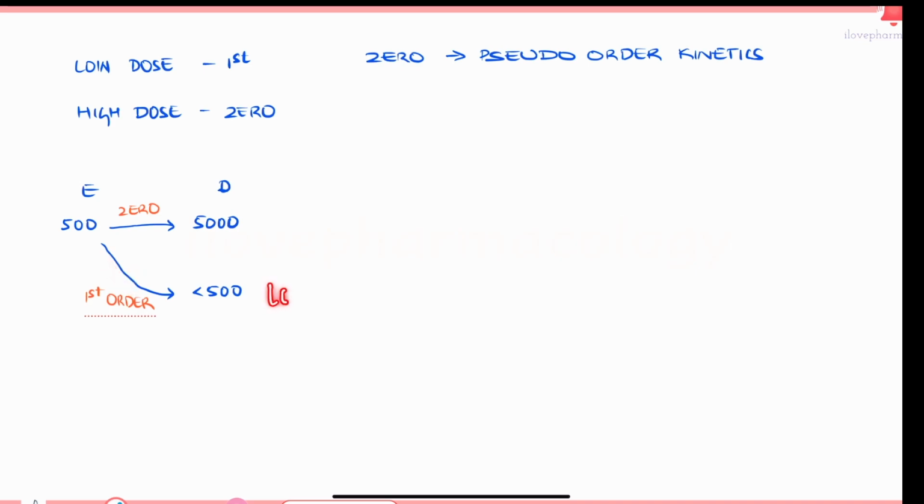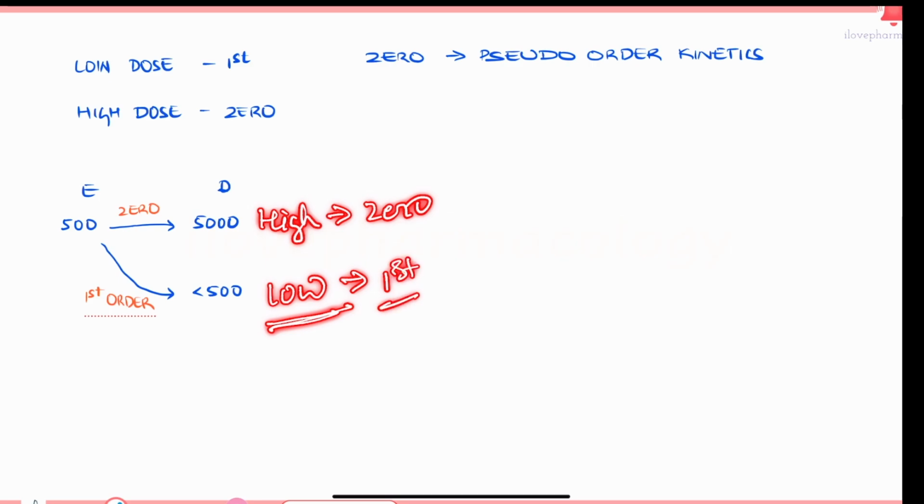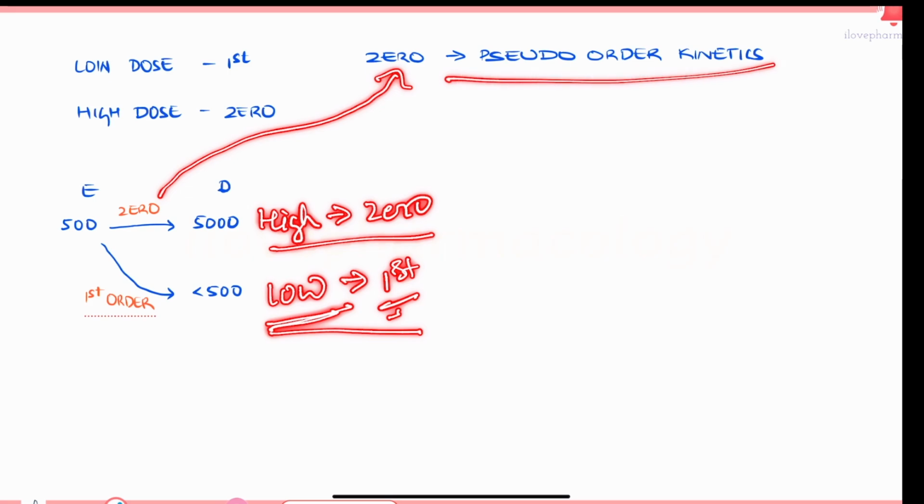That means at high dose it follows zero order kinetics, and at low doses it follows first order kinetics. This you need to remember. That's why alcohol at higher concentration follows zero order and at lower concentration it follows first order. That's why it is called pseudo zero order kinetics.